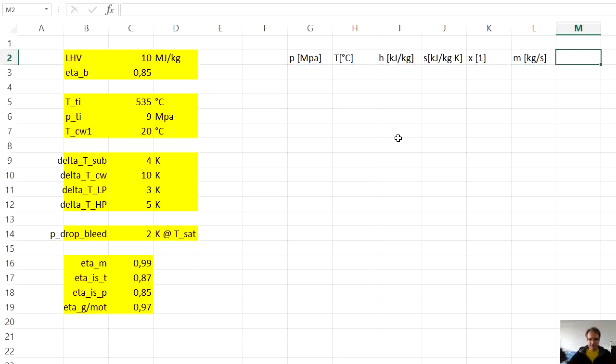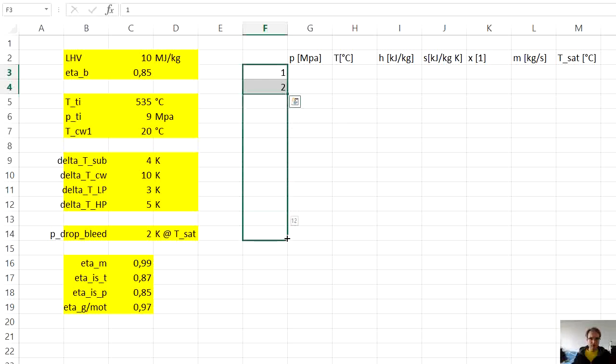And lastly, we will specify where necessary the saturation temperature, Tsat, again in degrees C. And we have different states of the cycle, so 1, 2, up to 8.